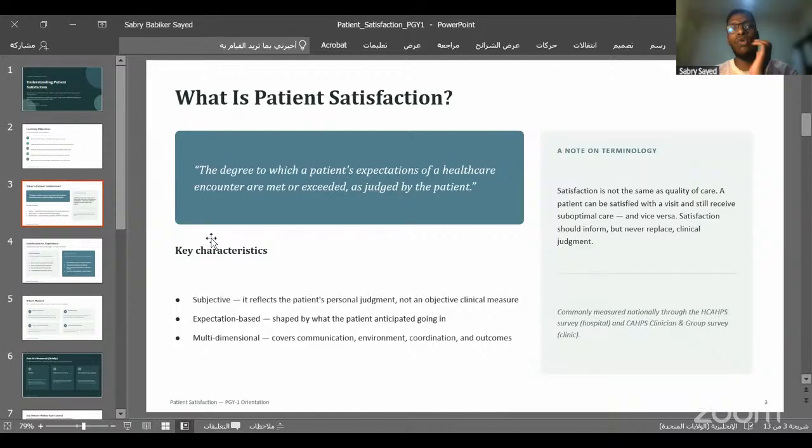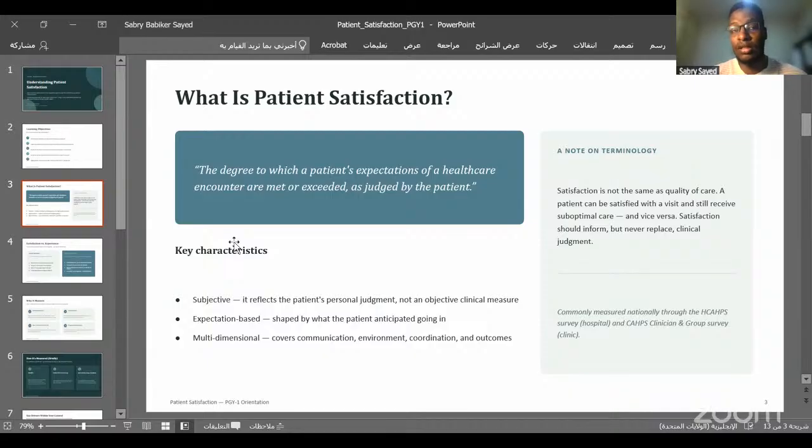So the definition of patient satisfaction is the degree to which a patient's expectations of a healthcare encounter are met or exceeded. So it's judged by the patient. This means that, for example, one type of healthcare given to a patient by the same healthcare provider might be evaluated differently, although the care was the same and the provider was the same, right?